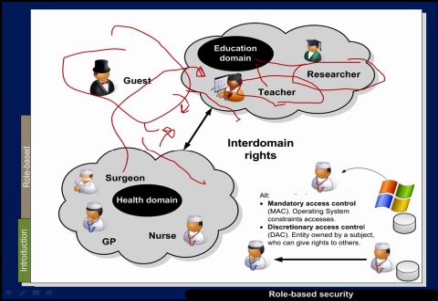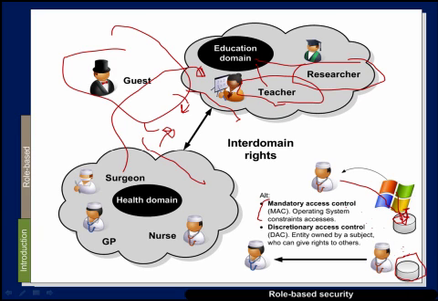So this is an alternative to the other typical methods which we use for access control, which is mandatory access control, where we let the operating system define the accesses to our resources, and we can also have discretionary access control.